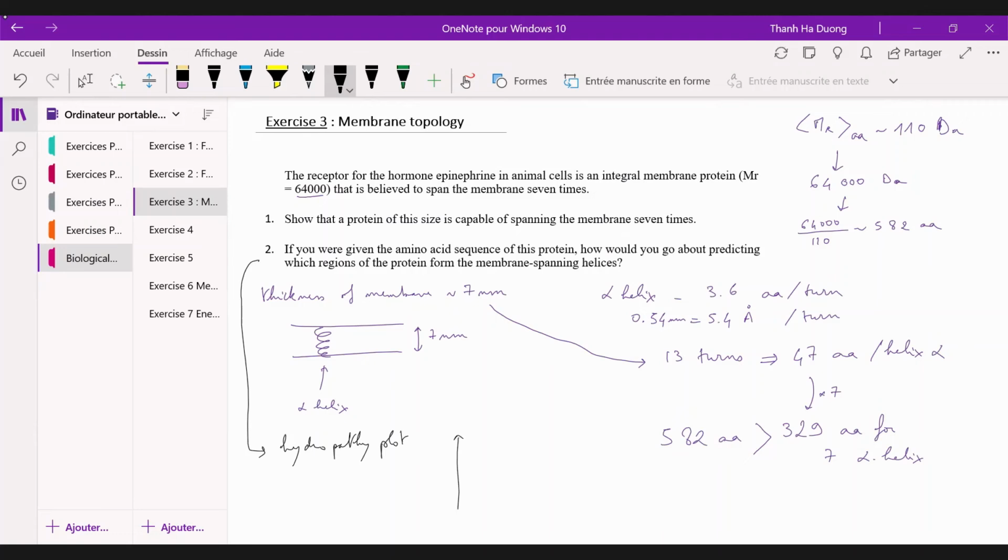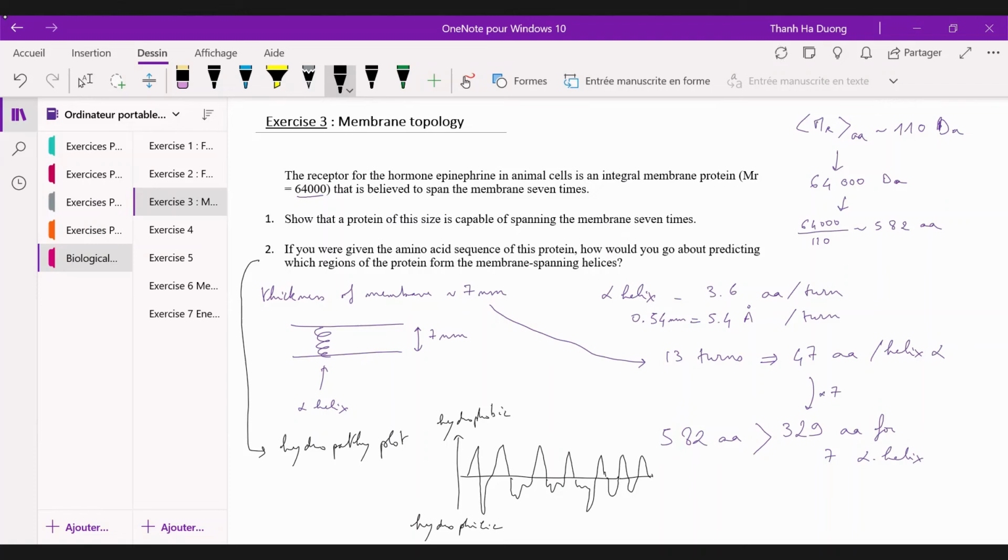If I draw this, I will have probably 7 times the plot, 1, 2, 3, 4, 5, 6, 7. And here you have hydrophobic amino acids, and here hydrophilic.